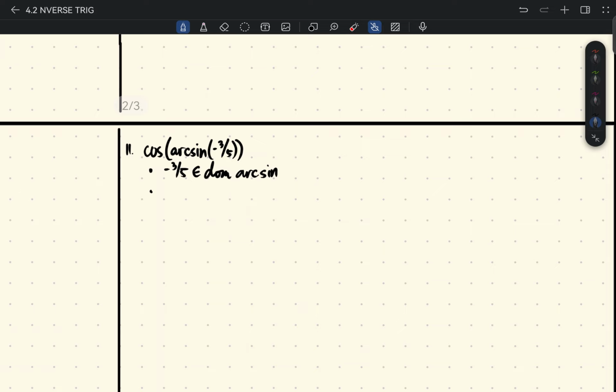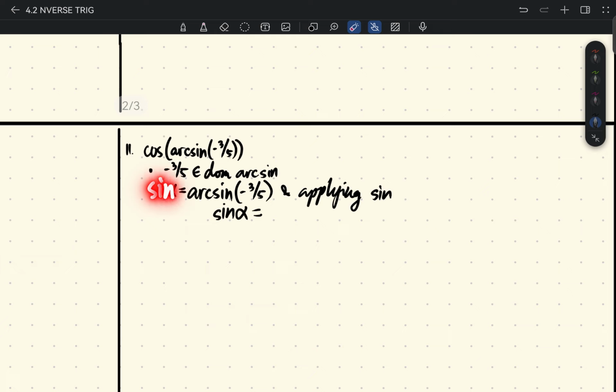And so, we can let alpha be equal to arc sine of negative 3/5, and applying the sine function, we get sine alpha equals sine of arc sine of negative 3/5. Since negative 3/5 is in the domain of arc sine, this is just negative 3 over 5.